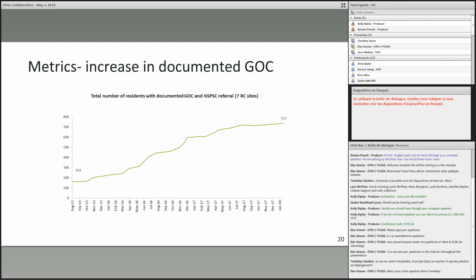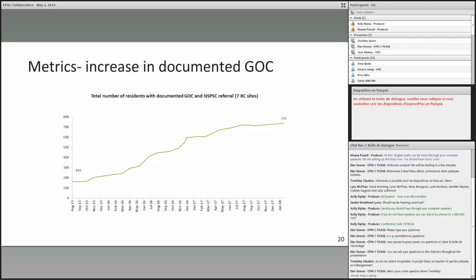So the first one I want to show you is the increase in documented goals of care. Now, documented goals of care doesn't necessarily mean they're respected, but when you put these together with the metrics of transfers, you can see that they are making a big difference.